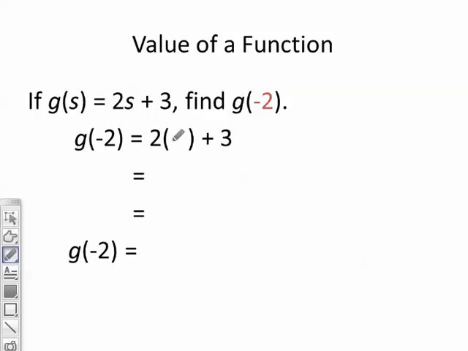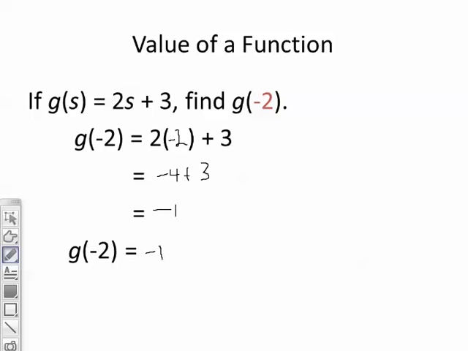We're going to take that negative 2 and put it in for the s. So 2 times negative 2 plus 3. Well, 2 times negative 2 is negative 4 plus 3, and that's going to be equal to negative 1. So what is g of negative 2? Negative 1.